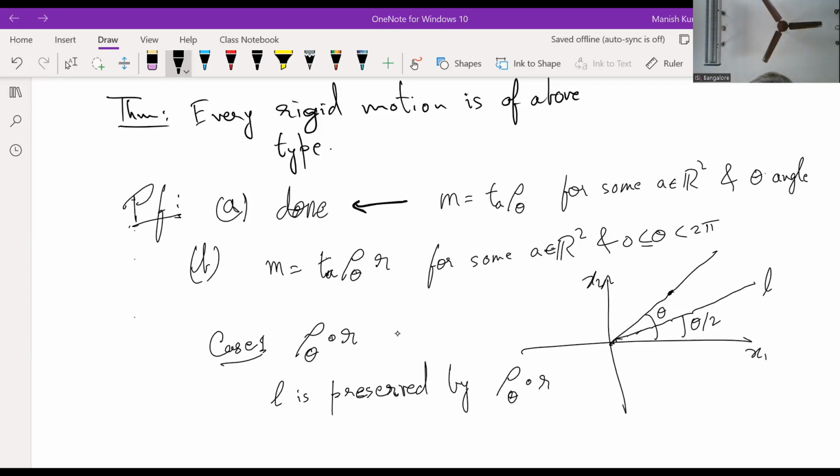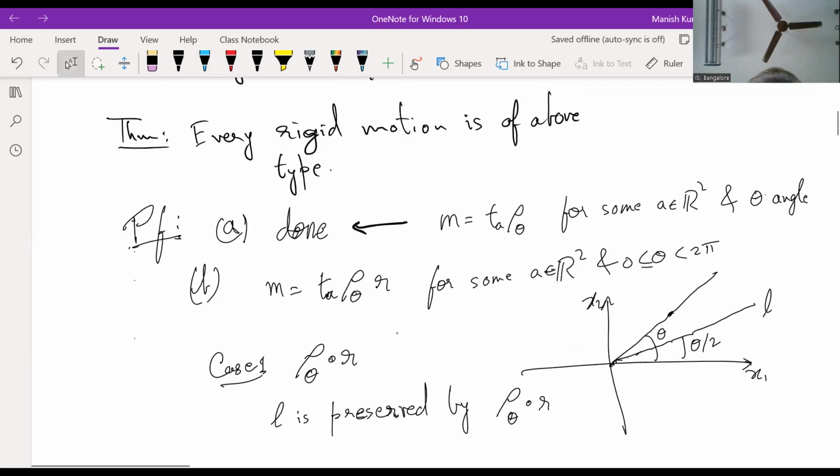For instance, you can check where x1 goes. X1 should go to this line. Under reflection, of course, x1 is preserved, because R fixes the x1 axis. Then by rho theta, it will go to this thing. So under this.